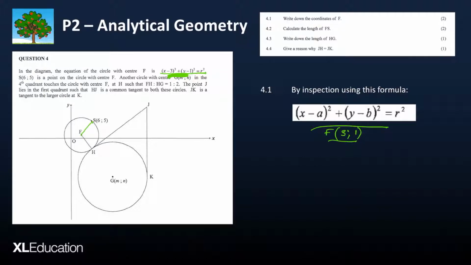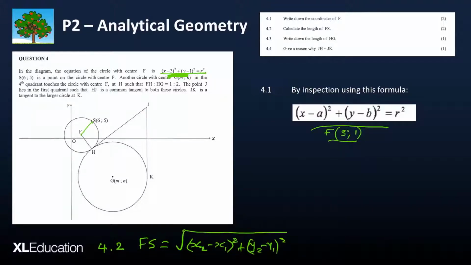Remember, let me put it here because I don't have space. 4.2, FS will be equal to the square root of (x2 minus x1) squared plus (y2 minus y1) squared. So the square root of this is going to be your distance FS, which is the radius.